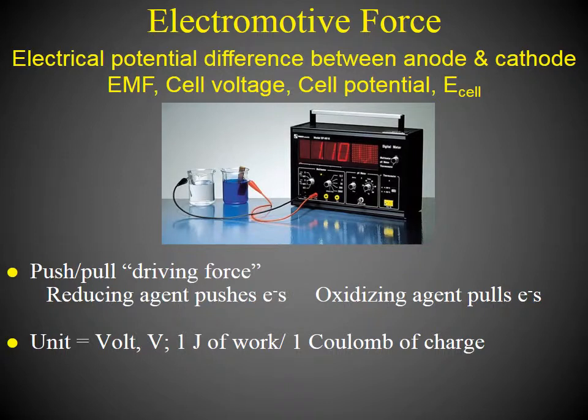Now the unit of electromotive force is volts. The symbol is V, and the volt is a combined unit composed of joules of work per 1 coulomb of charge. So 1 volt is equal to 1 joule of work per 1 coulomb of charge.